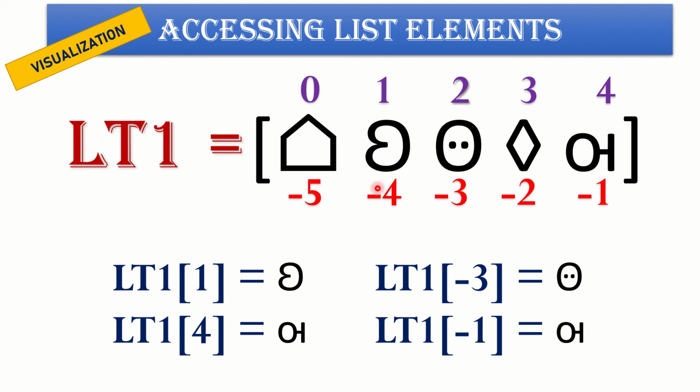Same way I can use the negative indexing. So I've given LT1 -3. So it gives me this particular symbol. Now if you see here, if I give LT1 of 4 or LT1 of -1, this gives me the same last value. So you can use either the negative or the positive indexing. Both of them will give you the same answer.